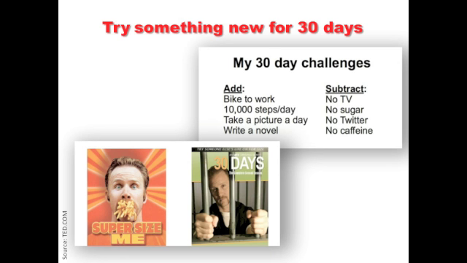This font focuses our attention on the main idea to add something to our life while subtracting others, and do this over a 30-day period to achieve success. The second slide is simply just a picture to show you how other people have done a similar thing of doing something for 30 days and seeing the result.